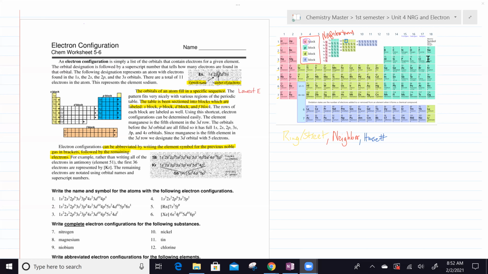When I give you your quiz on Thursday, I may give you a long configuration. Down here, realistically, you could just look at the end. If this says 4p4, I can go up here, go to 4, go over to p and count 4 boxes over and know what it is.